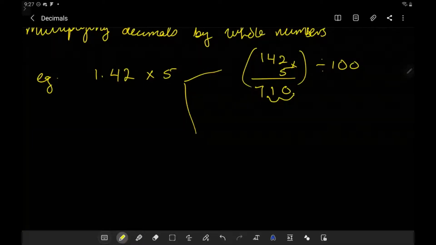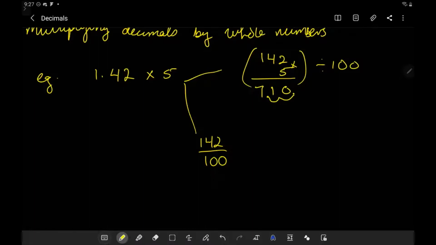This is the same as 142 divided by 100, right? Actually, I will leave that conversion up to all of you. How did I get this as a fraction? Anybody know?